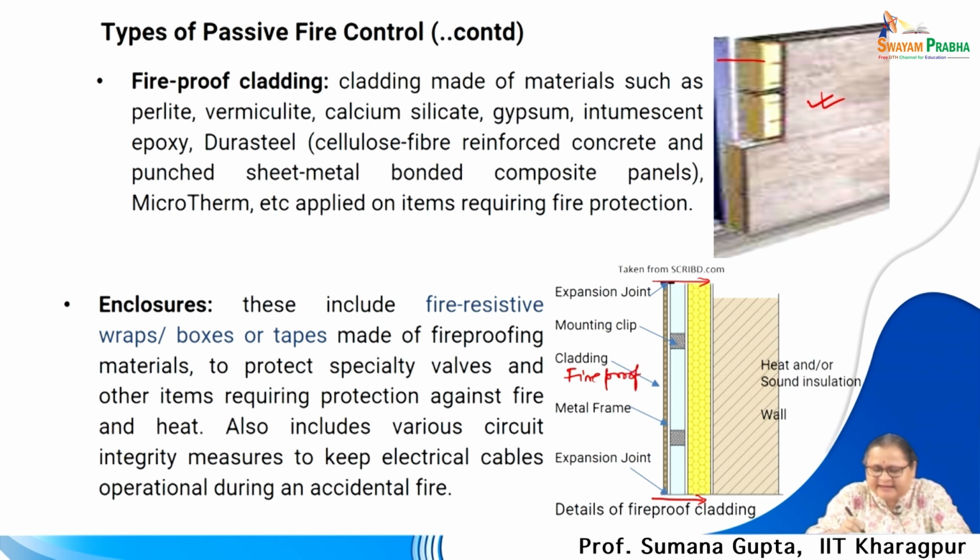This cladding does not allow the fire to move and burn out the insulation as well as the wall, it does not touch. So, there are fire resistive wraps or boxes or tapes made of fireproofing material to protect specialty valves and other items requiring protection against fire, to be embedded within or kept within the system.